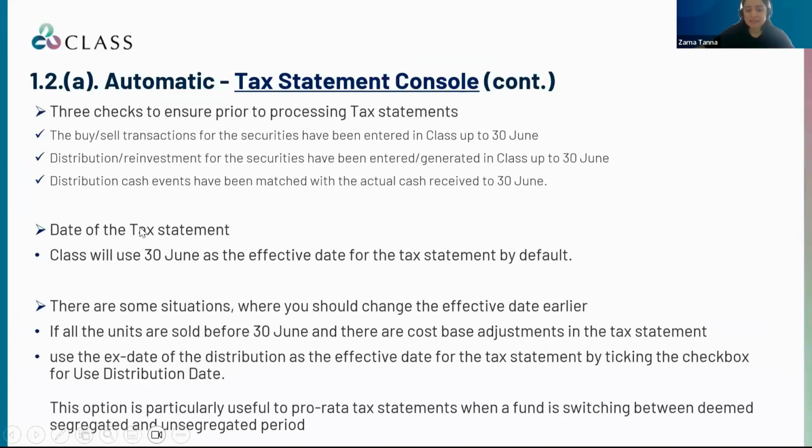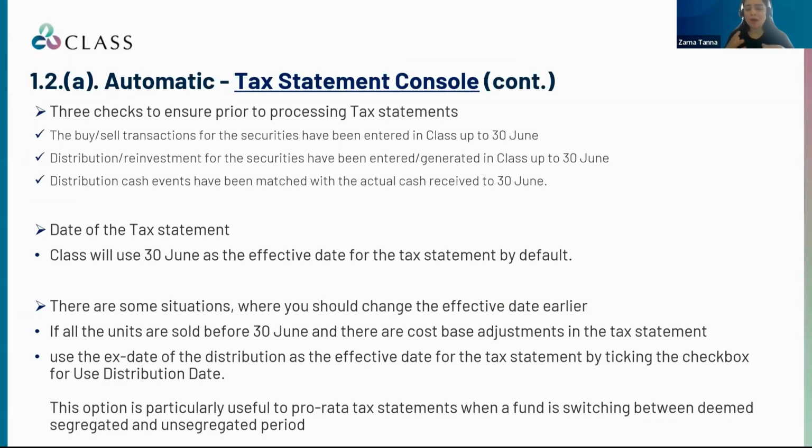So the date of the tax statement, by default, Class will use 30 June as the effective date for each tax statement. But there could be certain situations where you need to use a prior date to 30 June. For instance, if all the units are sold before 30 June, and if there are any cost-based adjustments in the tax statement, then the tax statement date needs to be processed prior to 30 June.